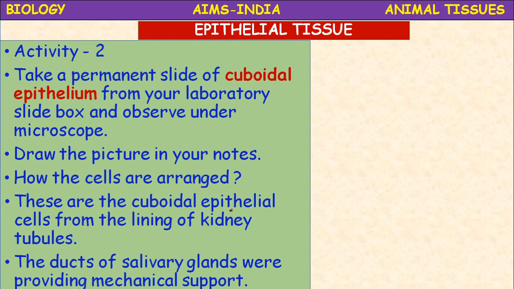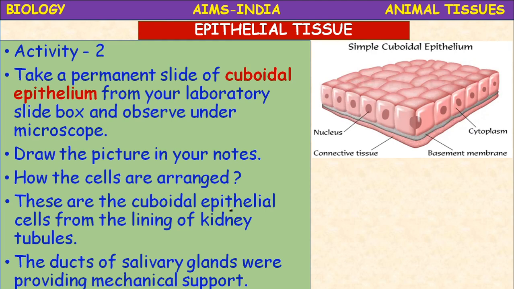and the ducts of salivary glands, providing mechanical support. The cuboidal epithelium which is present in the salivary glands provides mechanical support. So this is the simple cuboidal epithelial tissue.